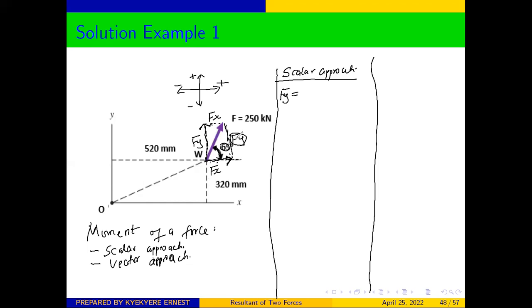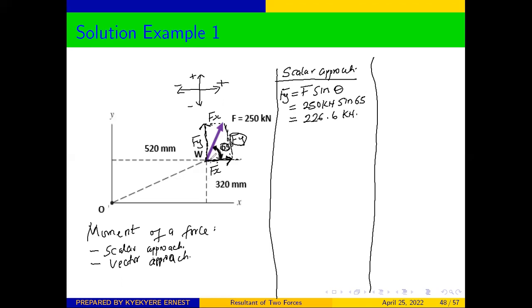So because our Y side is facing our angle, our F of Y is going to be F sine theta. We are told that our force is 250 kilonewtons, and our theta is 65, so sine 65. From here our F of Y is going to be 226.6 kilonewtons.